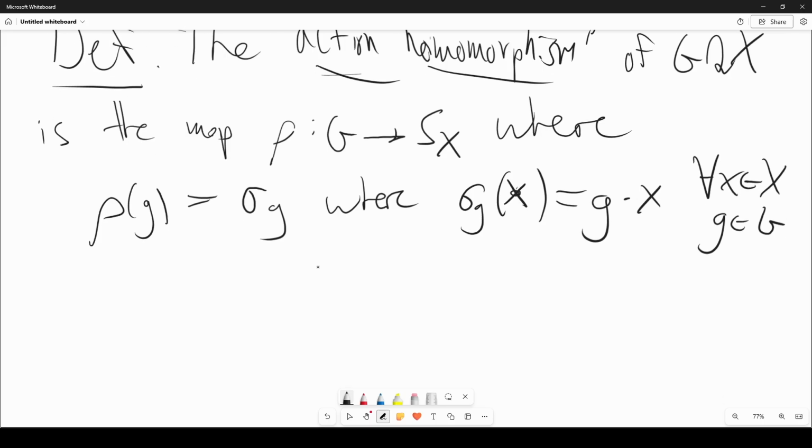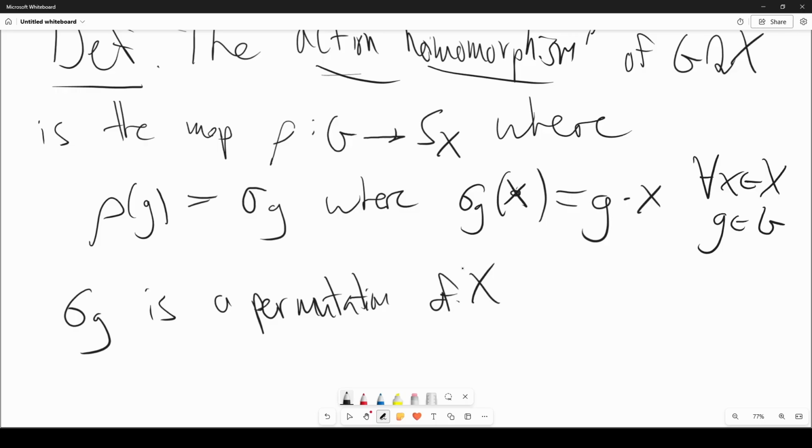The things we have to prove are, first, that sigma g is a permutation of X, and that's equivalent to proving it's a bijective function from X to X. And then we also want to prove that rho is a homomorphism.